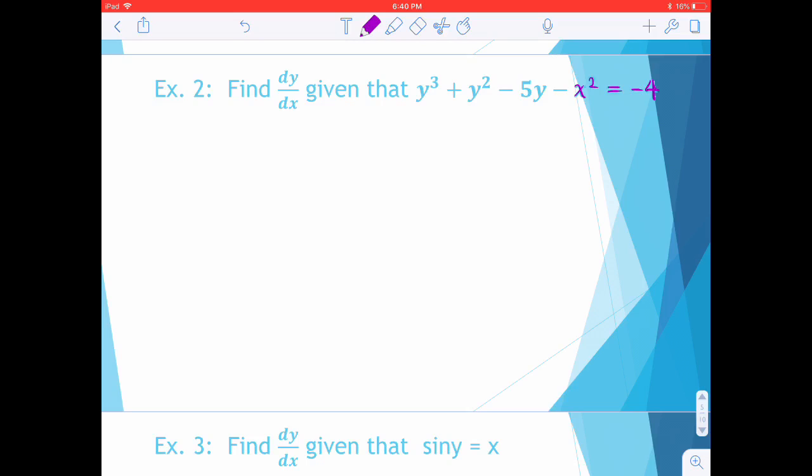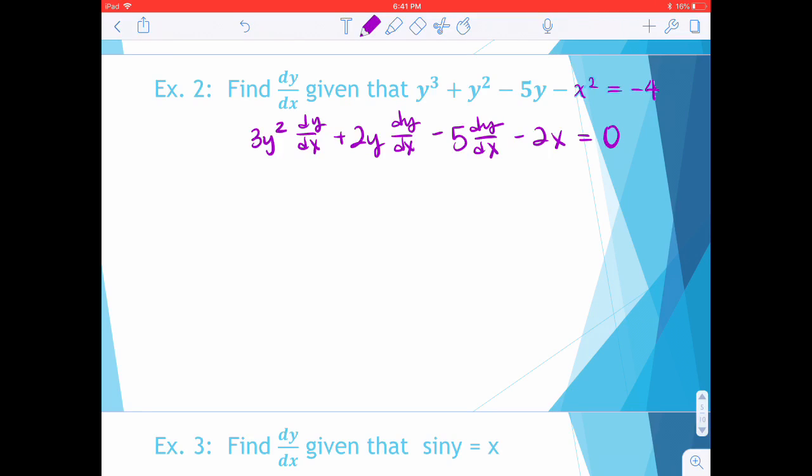We can differentiate each part since we're just adding and subtracting. So we have 3y squared times dy dx plus 2y dy dx minus 5 dy dx minus 2x equals 0, because the derivative of a constant is just 0.